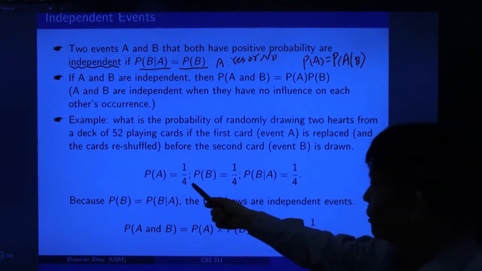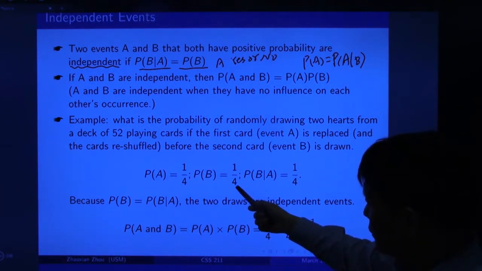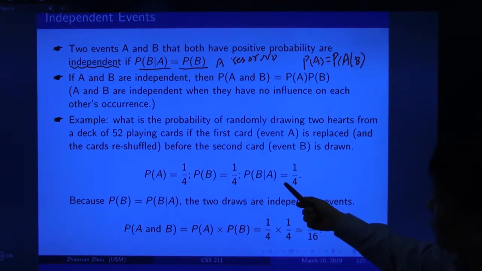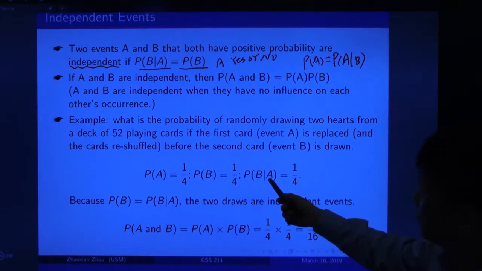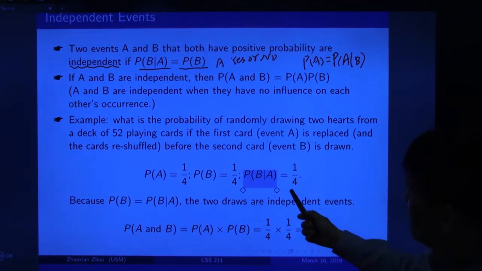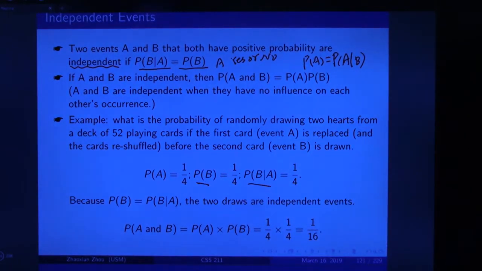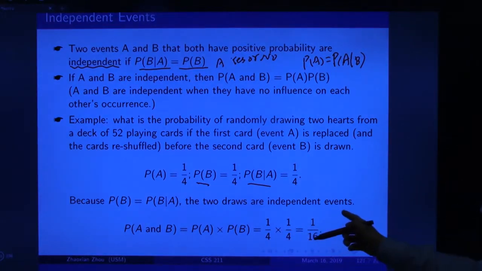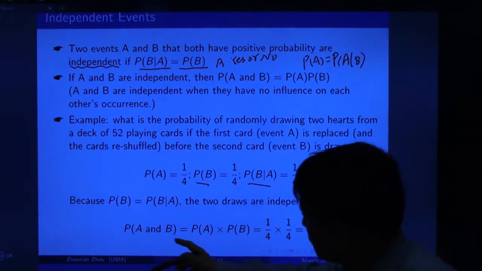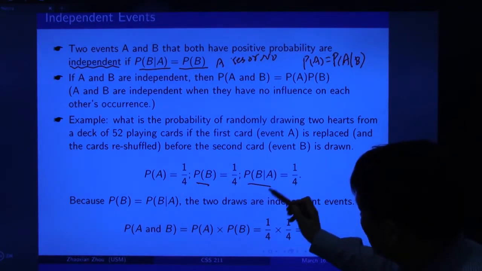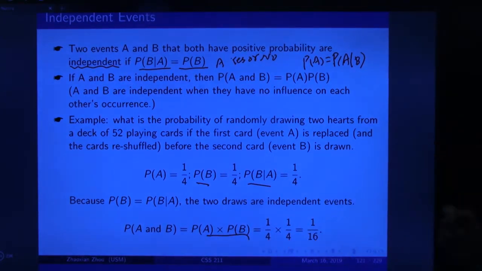P(A) equals 1/4, P(B) equals 1/4, because they are independent. Then P(B|A) is also 1/4, because we don't care whether A occurs or not. So P(B) equals P(B|A). In the general multiplication rule, P(A and B) equals P(A) times P(B|A), which equals P(B), then equals 1/16.